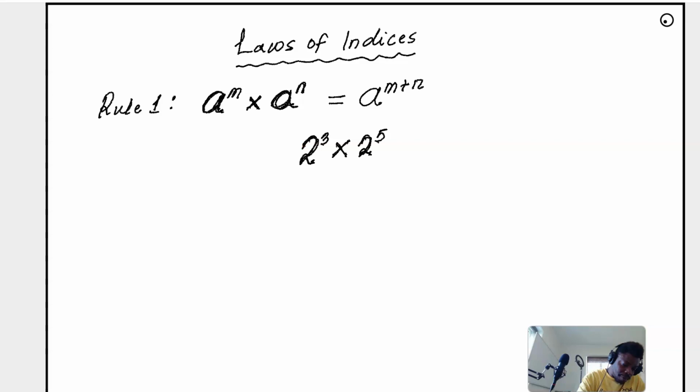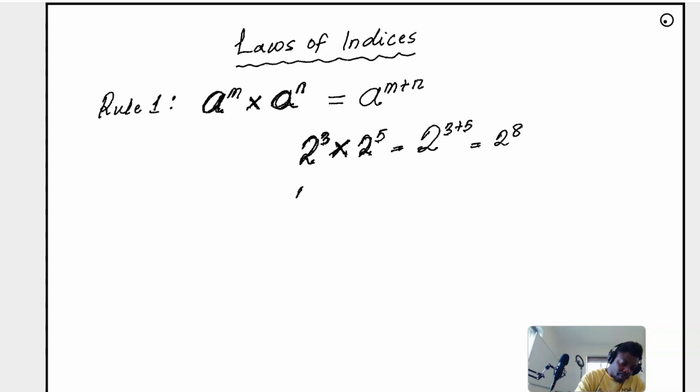So you write one of the bases, and because you are multiplying, you add the powers together, 3 plus 5. So this is 2 raised to power 8.